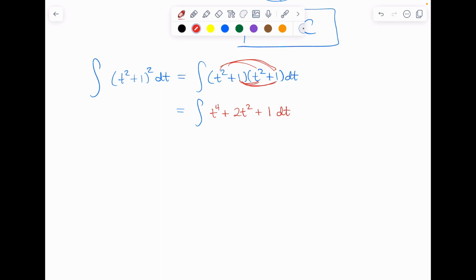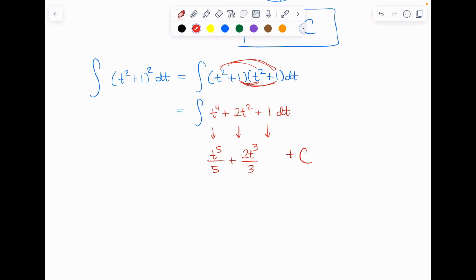And now we just find the antiderivative of each of these terms, right? And then we just add a plus c at the end. So t to the fourth turns into t to the fifth over 5 plus, now 2t squared, if you think about it, this should turn into 2t cubed over 3, right?